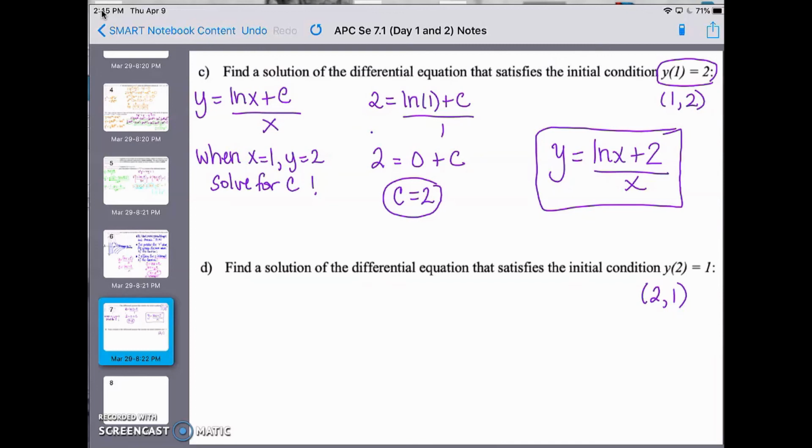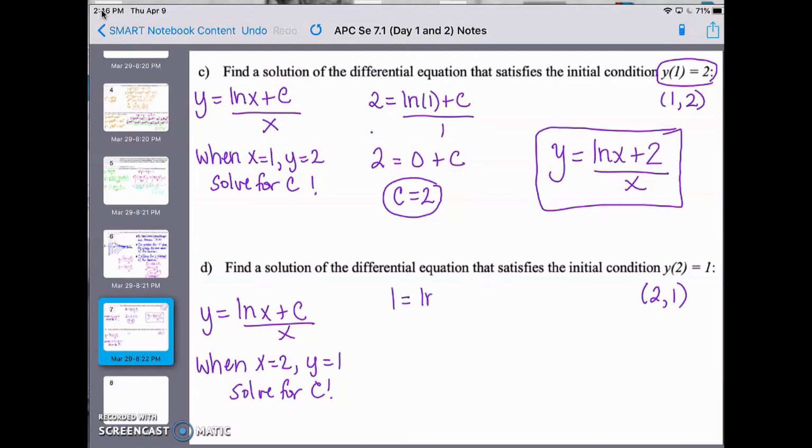We're going to do the exact same math. So we've got our equation, ln x plus c divided by x, and this time when x is 2, y is 1, and we want to solve for c. So let's see, we get 1 equals natural log of 2 plus c divided by 2.